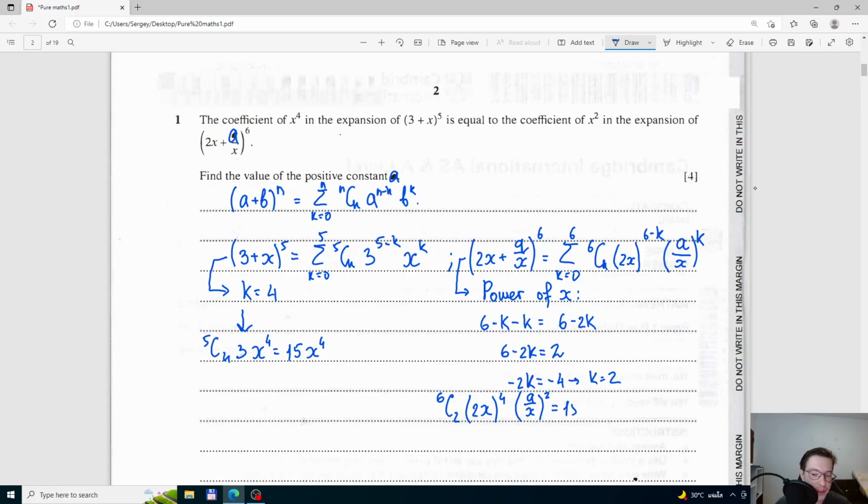It's going to be 15 times 16x^4, and then a squared over x squared, which gives us 240x^2a^2.